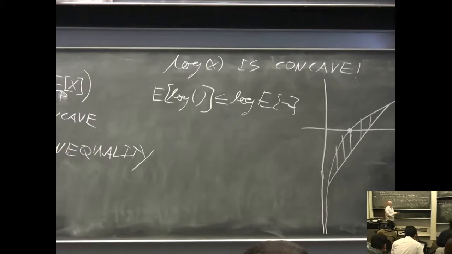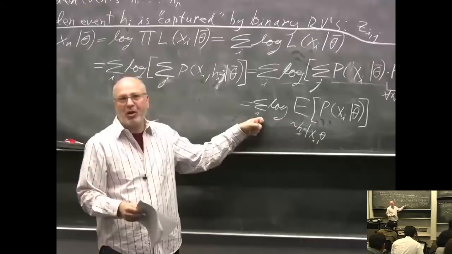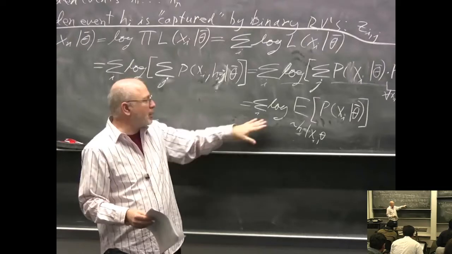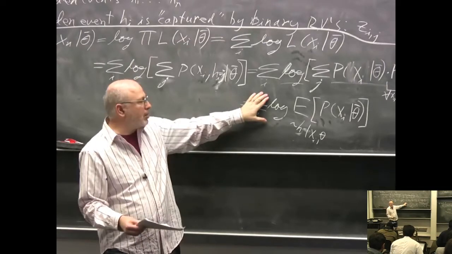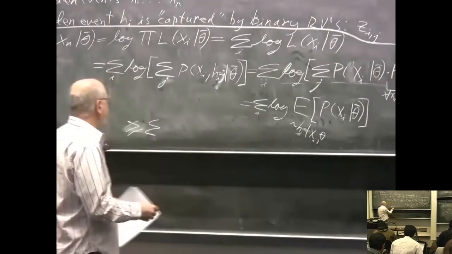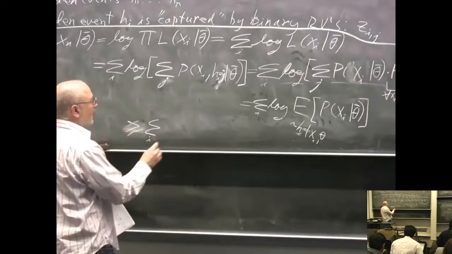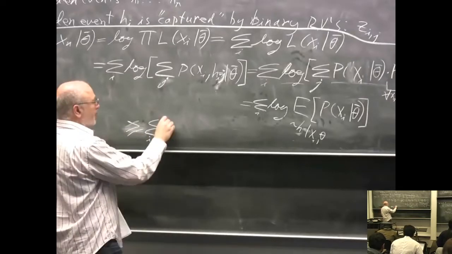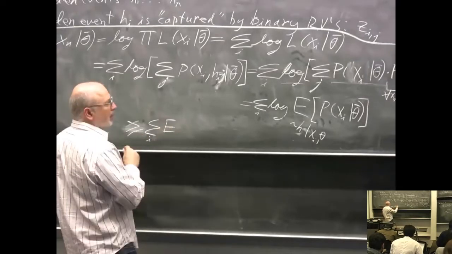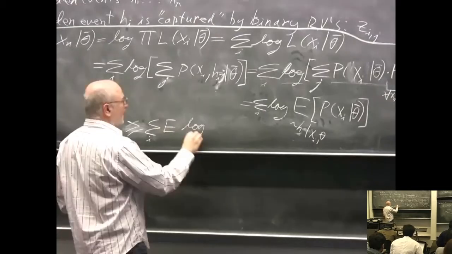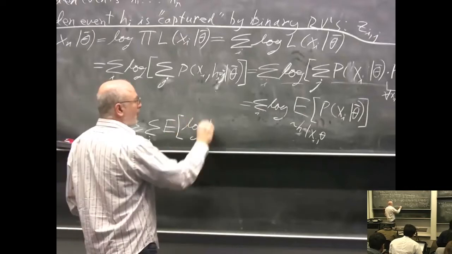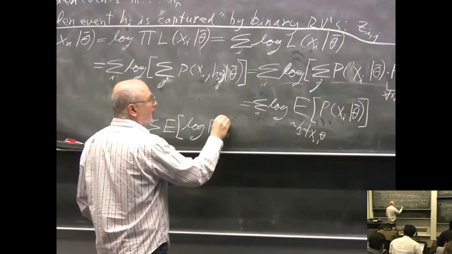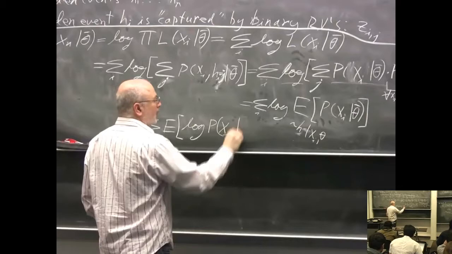So I'm actually applying Jensen's inequality separately for every value of i. You realize that this summation does not participate in my Jensen argument. It's true for any particular value of xi, so it's true for all of them together. Sum over i, expected value of the log of P of x of i given the parameters.